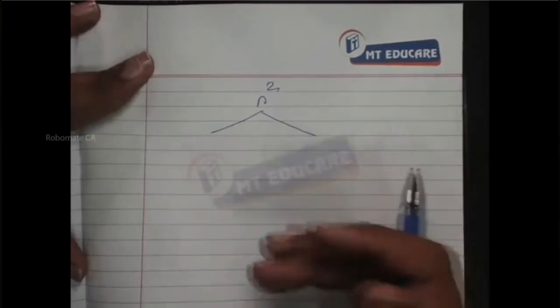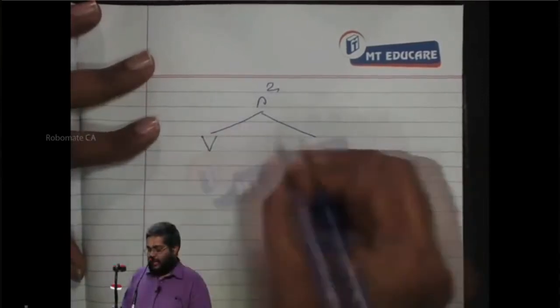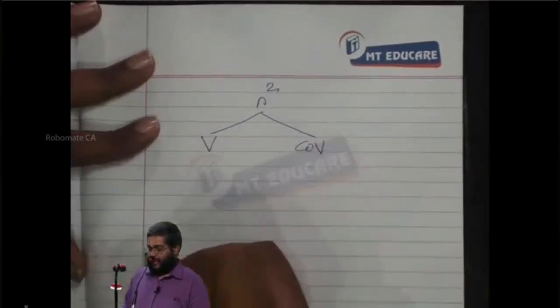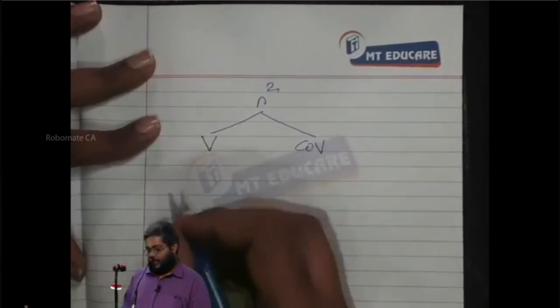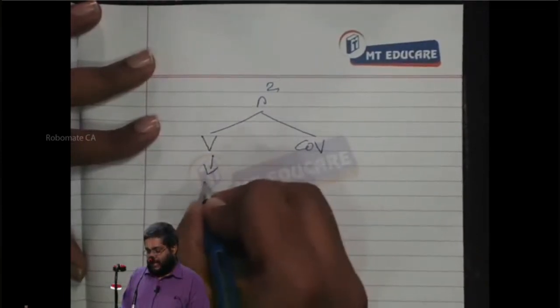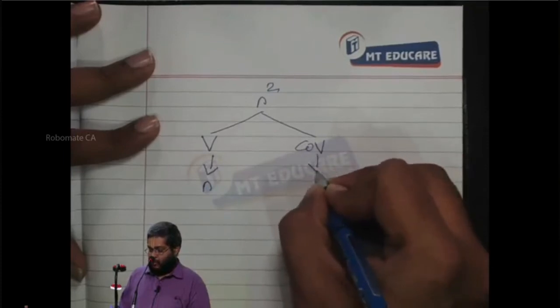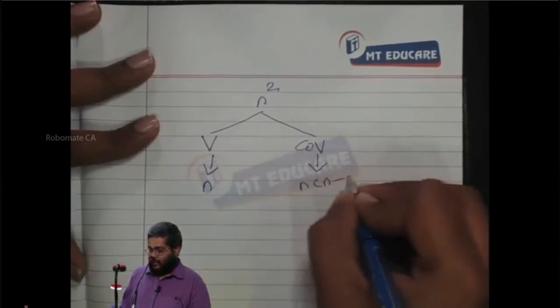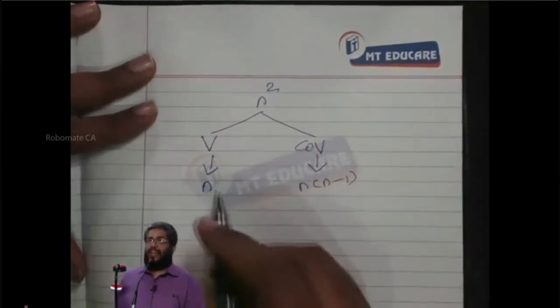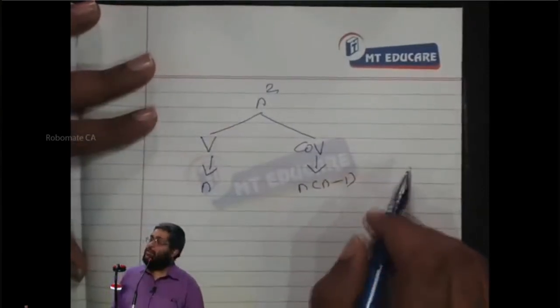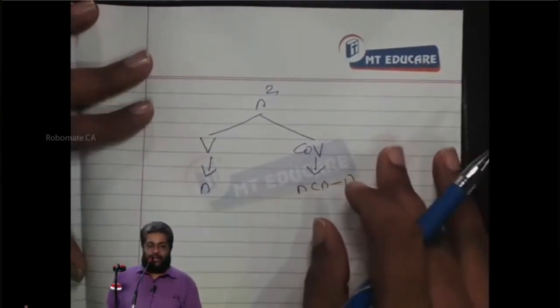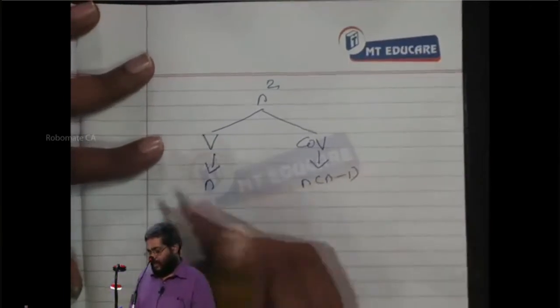Branch it into 2. First is variance, second is covariance. How many variance terms will be there? N variance terms. How many covariance terms? N into n minus 1. N variance terms, n into n minus 1 covariance terms. I hope you are following. Now write down, check.